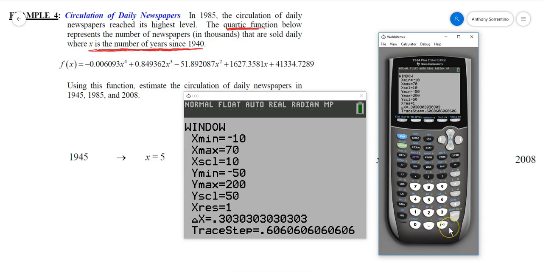My y min, I might want to go maybe, let's say, negative 1,000. But for the sake of argument for this one, just let my y max be maybe 50,000. Might want to see more of it later. And I just go by thousands. See if that does any good.